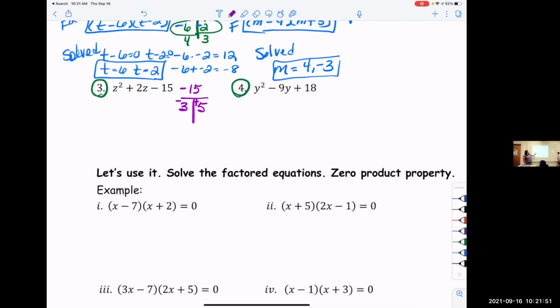So let's check it. -3 times 5, -15. -3 plus 5, 2. Once it checks out, we go to our parentheses. There's your factored answer.